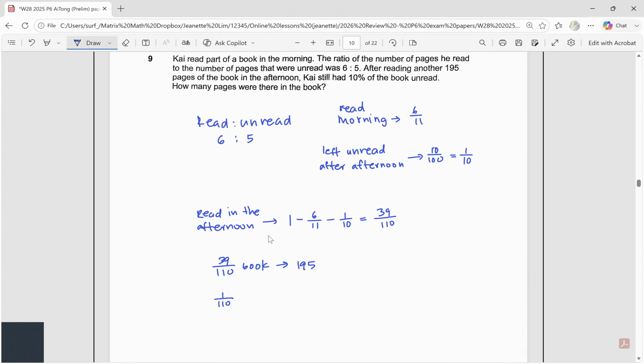Then 1 over 110 of the book would be 195 divided by 39, equals 5. So the whole book would be 5 times 110. So the answer is 550.